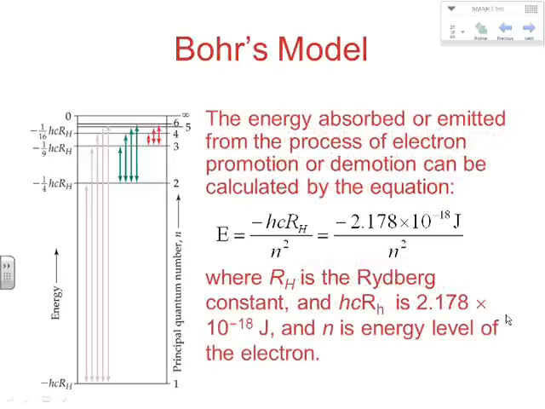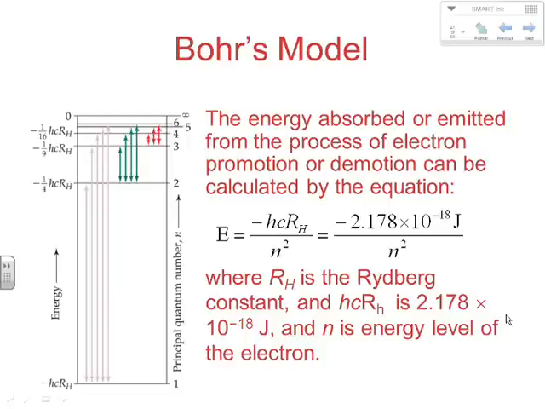Now, the energy absorbed or emitted from the process of an electron promotion or demotion can be calculated by this equation. And this equation, by the way, is on your AP constant sheet. So the energy in the hydrogen atom, because that's what we're really looking at here, is the energy in our hydrogen atom at different energy amounts.